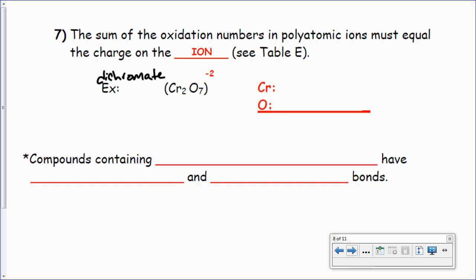So in that case, the chromium and the oxygen combined have to add up to a total of -2. Now, oxygen is typically -2 by itself, so we can take -2 times 7 equals -14, right? Now, chromium is something times 2, and we've got to think about this, it's got to equal +12.